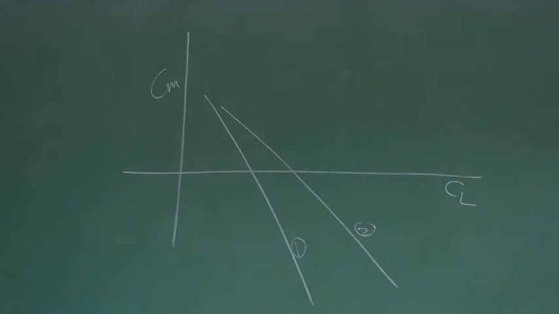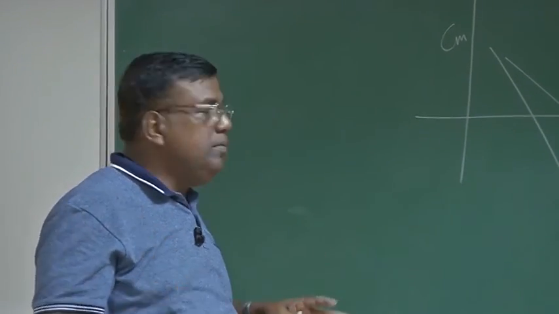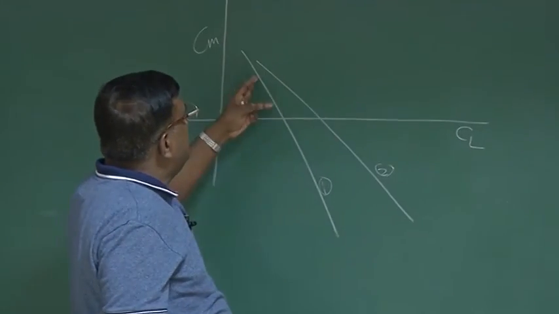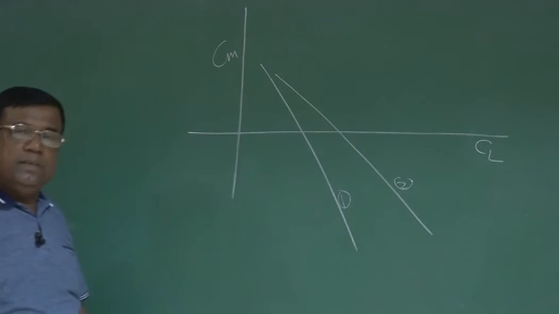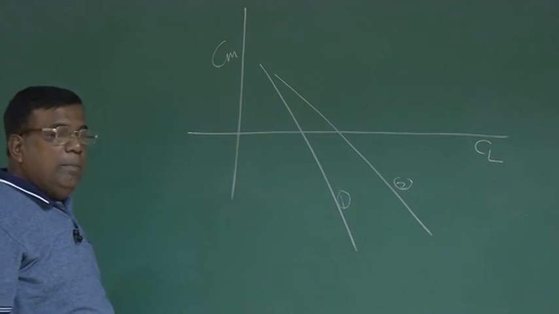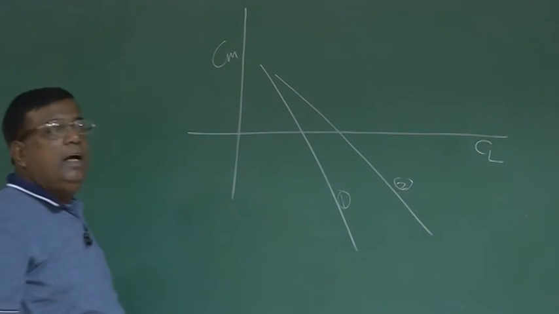Because even if the configuration is the same, and we are discussing the same airplane, the external configuration is the same, but their dCm by dCL, or the static stability parameter, is different. That could happen only because the CG locations are different.